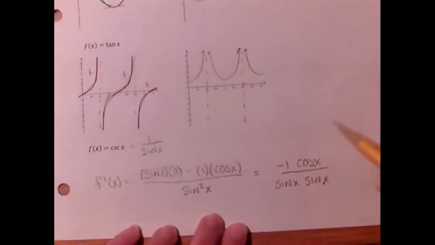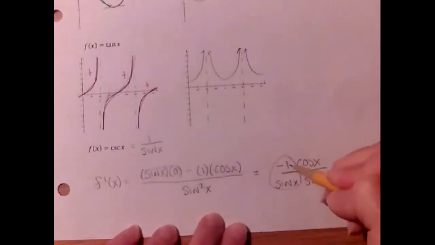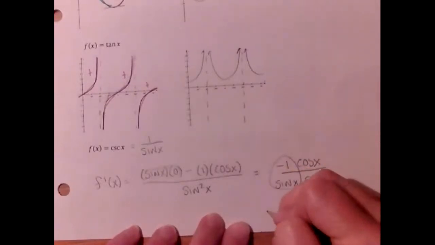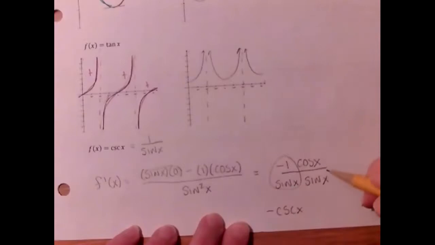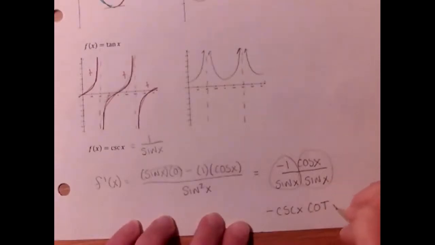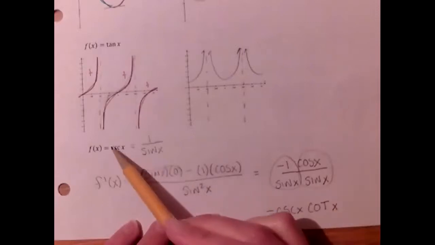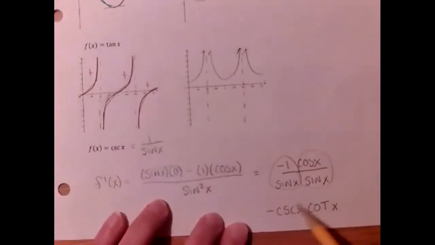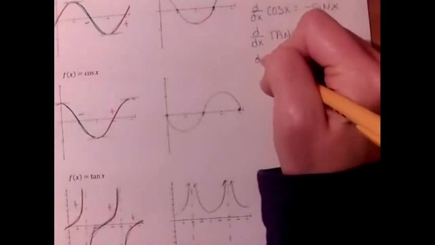And then to simplify this down, 1 over sine is cosecant. It's just that it's negative. And does anyone remember what cosine over sine reduces to? Tangent. Cotangent. Yep, cotangent, good. So derivative of cosecant is negative cosecant cotangent.